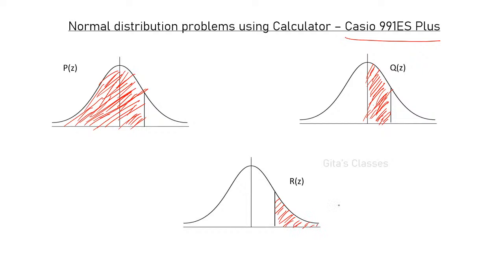If you want to use P of Z, you have to express the required area in terms of P of Z. If you want to use Q, you represent the required area in terms of Q. If you want to use R of Z, you represent the given area in terms of that area. As we did with the table, in the same way you have to do it here also.